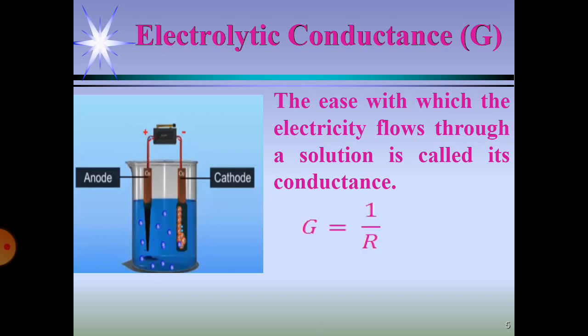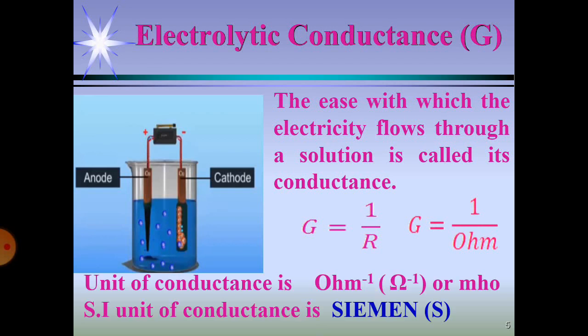Therefore, G is equal to 1 by R. To get the unit of G, we substitute the unit of resistance, ohm, in this equation. So G is equal to 1 by ohm, or the unit of conductance is ohm power minus 1, in the reverse order mho. It is otherwise called Siemen, designated as capital S.